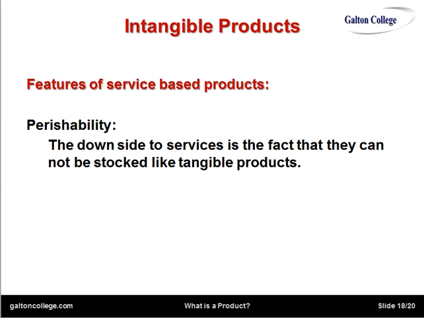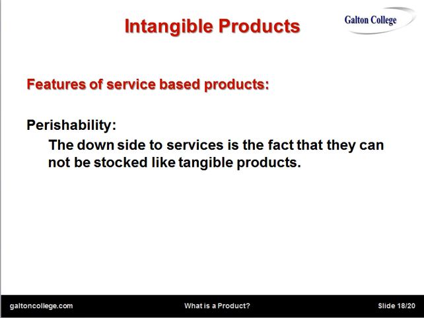And perishability. Services can't be stored. They can't be stocked up and put into stores like you can do with tangible products. Once a service has been provided, that's it, finished. So if you go back to the restaurant example, if you go in, order a coffee, you receive the service.